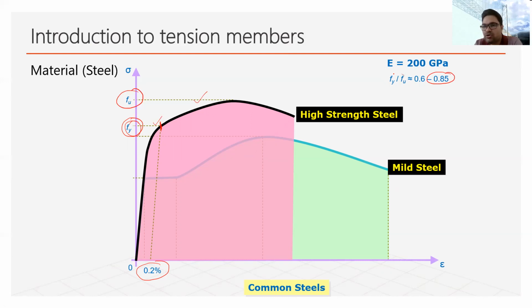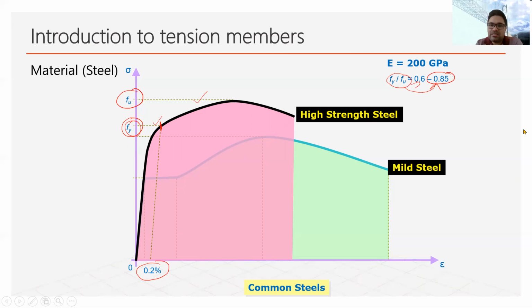If the ratio of Fy by Fu is less, then that material will be more ductile. If this ratio is closer to 1, then the material is less ductile. In case of tension members, the major requirement is ductility, because our design is based on this factor. We will discuss more about it in the later slides.